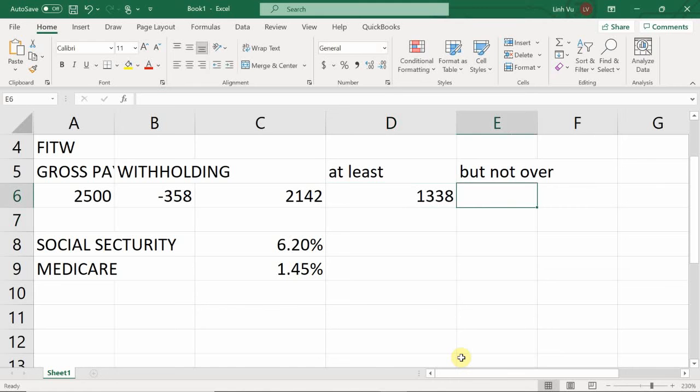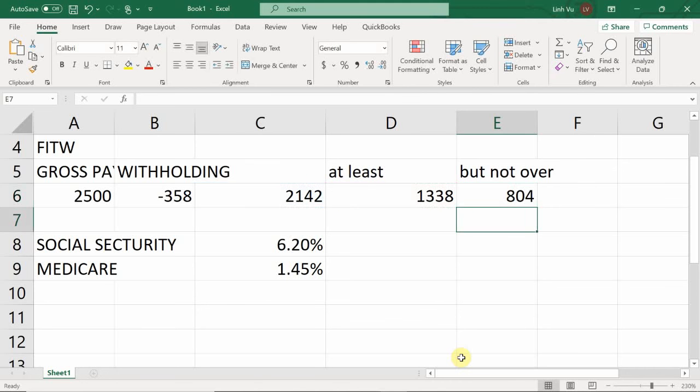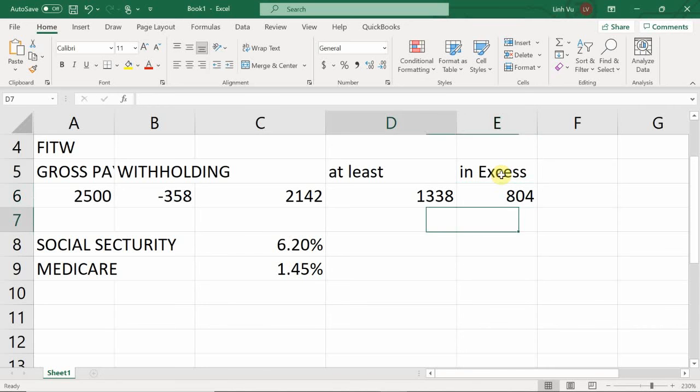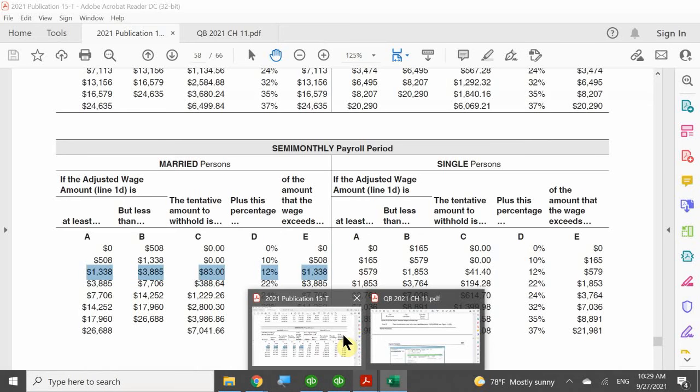Therefore, I'm going to subtract this amount out to get a total of $804 in excess. So she earned $804 in excess, which we know in our table is subject to 12%.